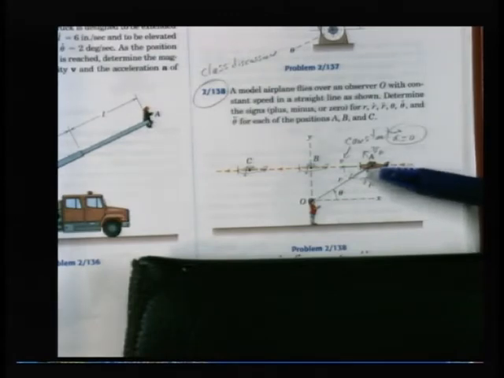Now, what about R double dot? Think about that. As the plane gets closer to you, R is going to be getting smaller at a faster rate, or a slower rate?